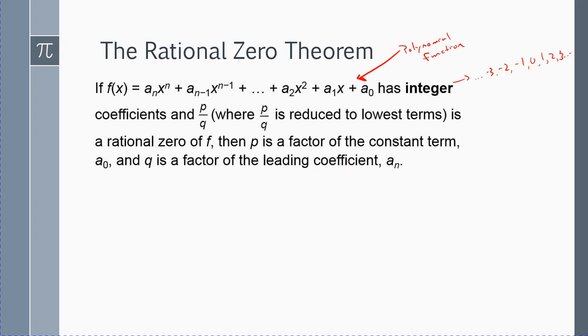And p divided by q, where p divided by q is reduced to lowest terms, is a rational zero of f.